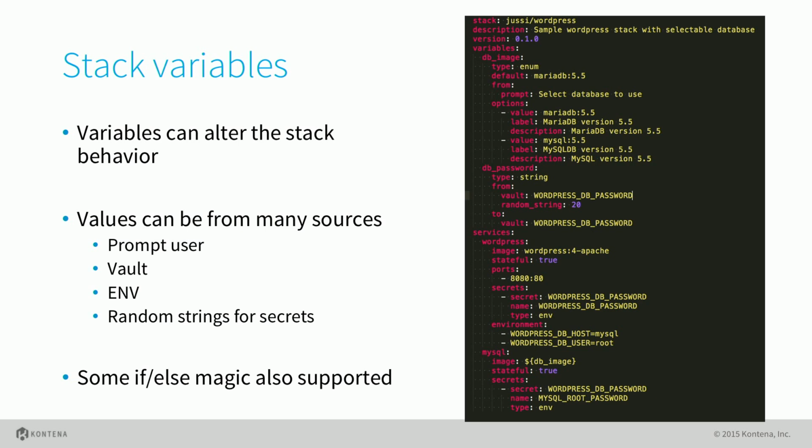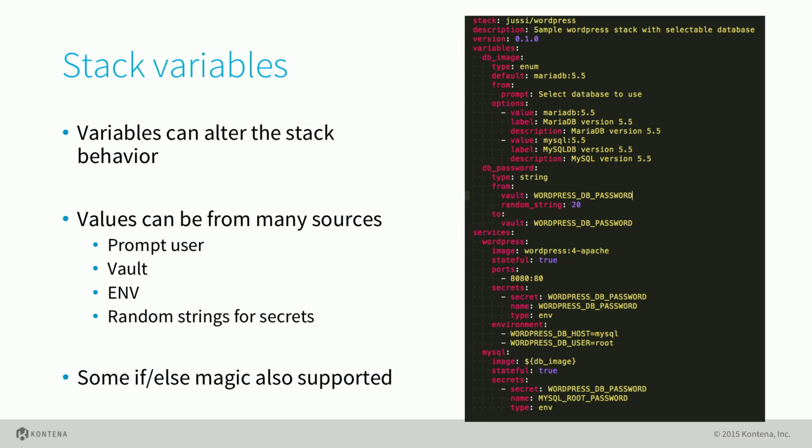So the variables are really something that can alter the behavior of the stack. The values can actually be from many different sources. So currently we are supporting prompting the user. So on the CLI, when you are installing the stack, it might prompt you for some password or some other configuration item for the stack.